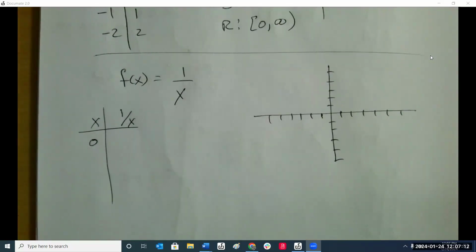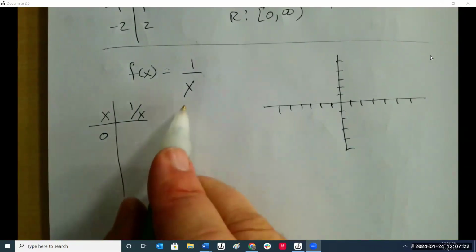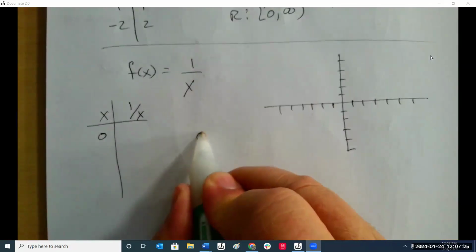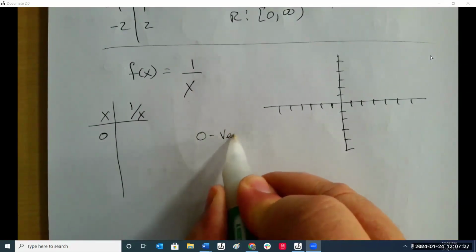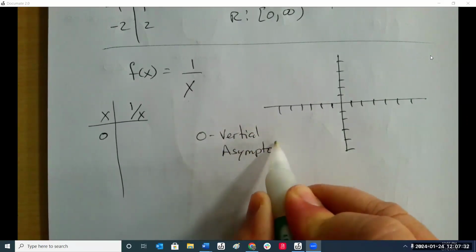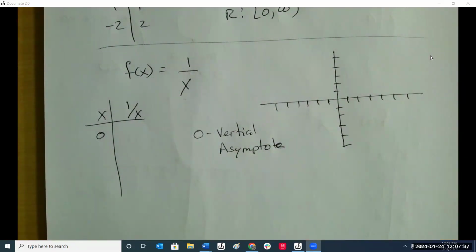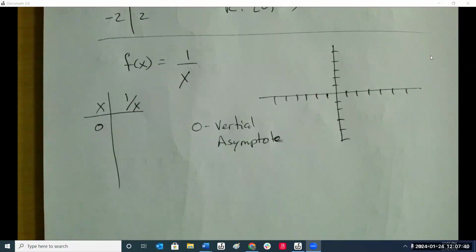Undefined, right. You cannot divide by 0. That was a trick question. So what we have here, 0 is what we call a vertical asymptote. An asymptote is an invisible line that you cannot cross, in the vertical line. You cannot cross it.